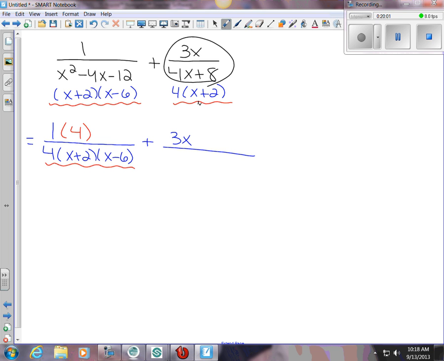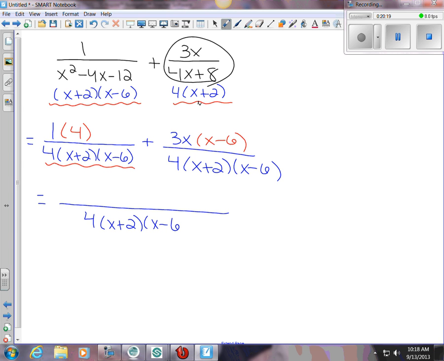3x, 4x plus 2, x minus 6, and we tacked on an x minus 6. Now we're going to go from two fractions to one. I'm going to write this with one common denominator. Are we okay there? In the numerator, 1 times 4 gives me plus, is that plus?